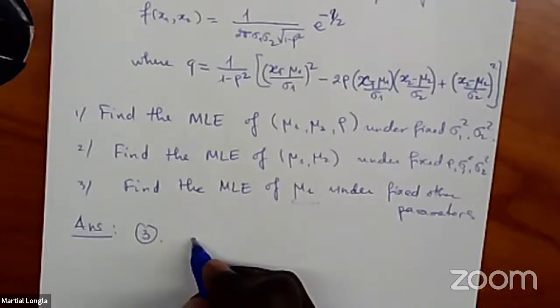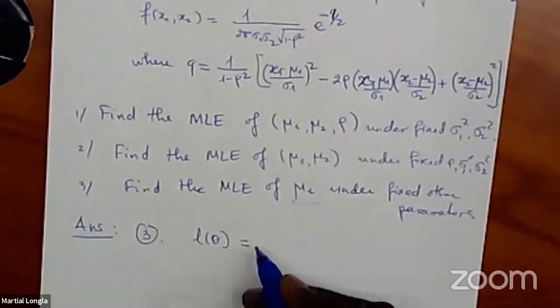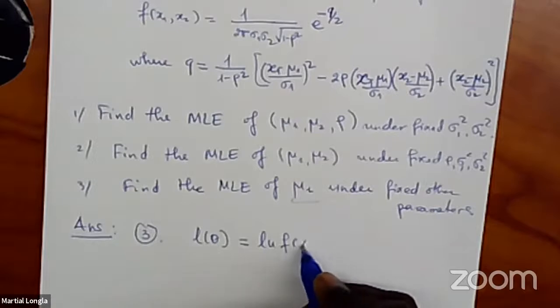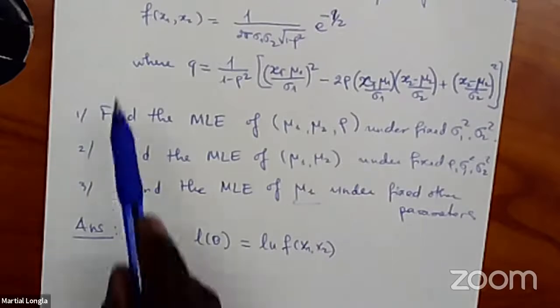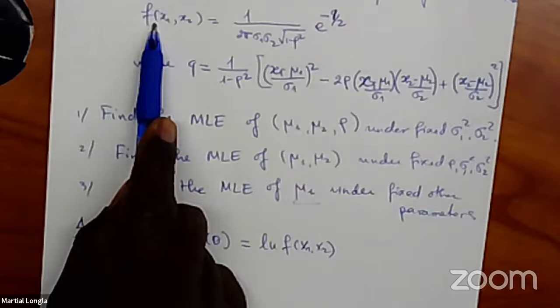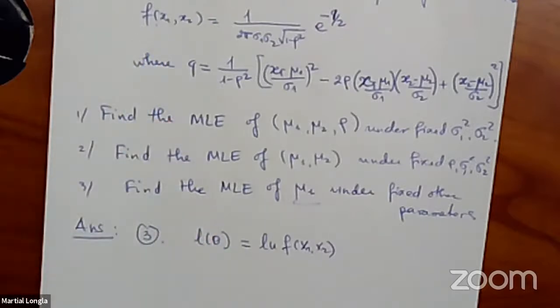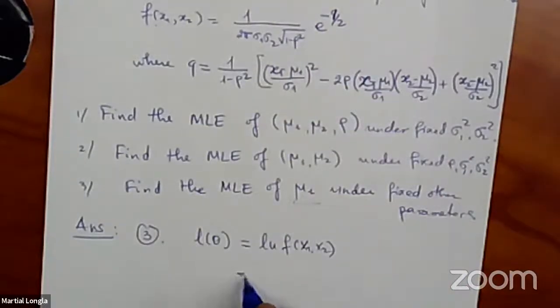So define L of theta as the log likelihood of the likelihood function. In this case, this is the likelihood function. When you take log of that, what do you obtain?